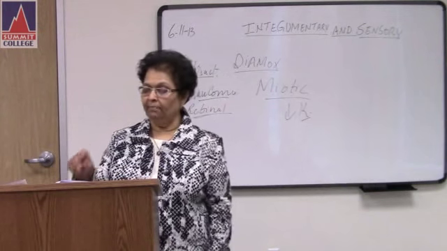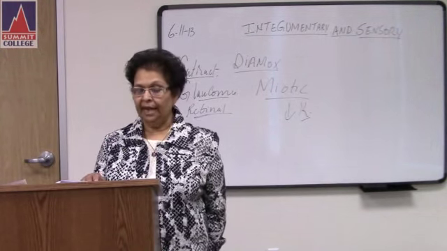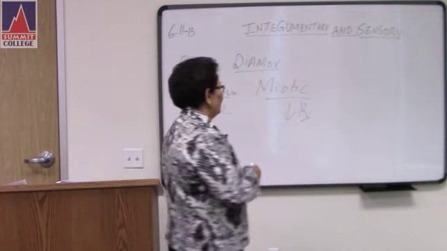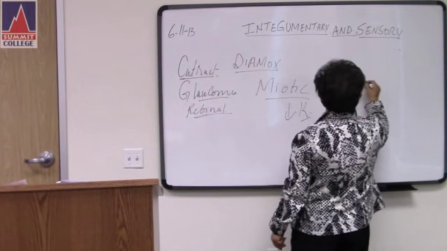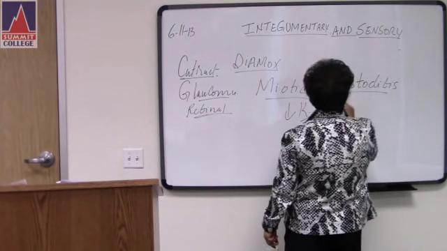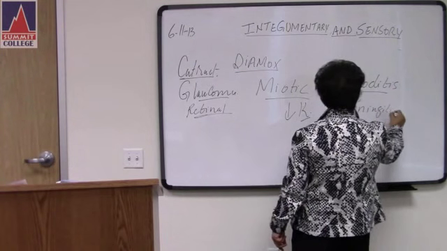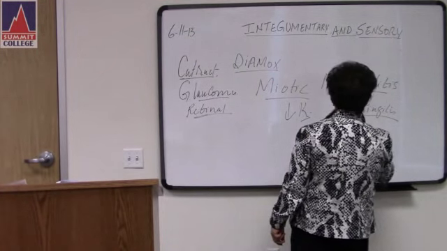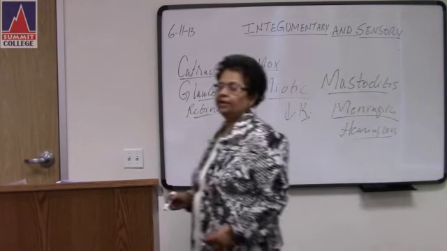I want you to write down the complications: loss of hearing, meningitis, and mastoiditis. Very important that we know meningitis, mastoiditis, hearing loss. That's why the infection must be treated.